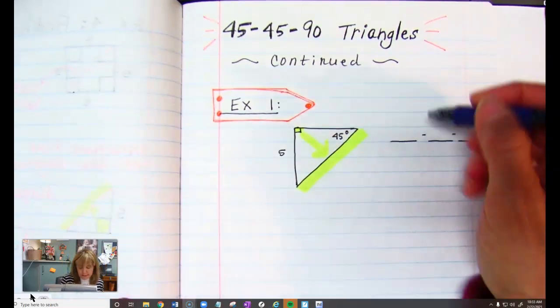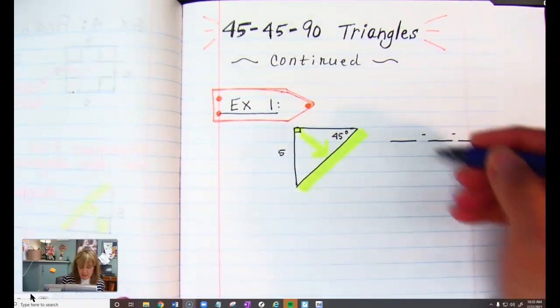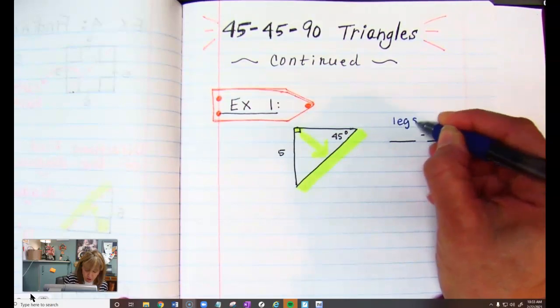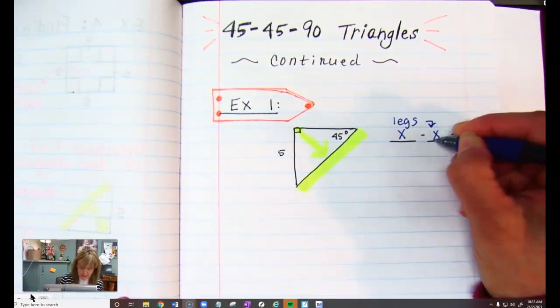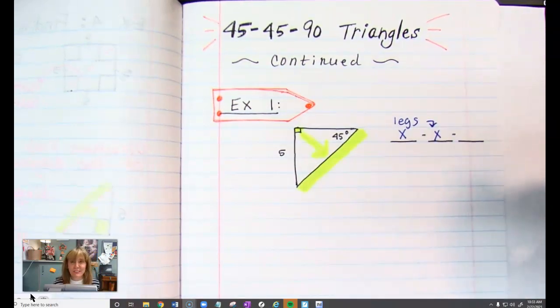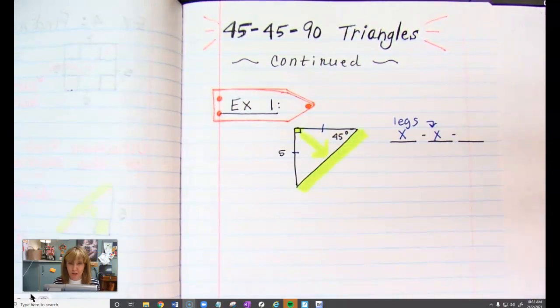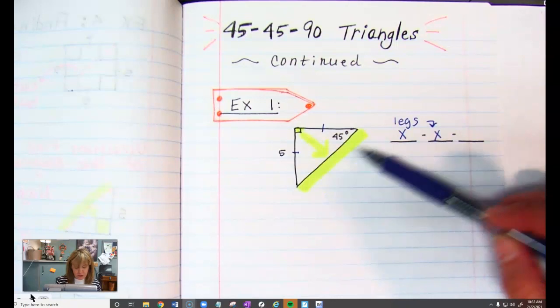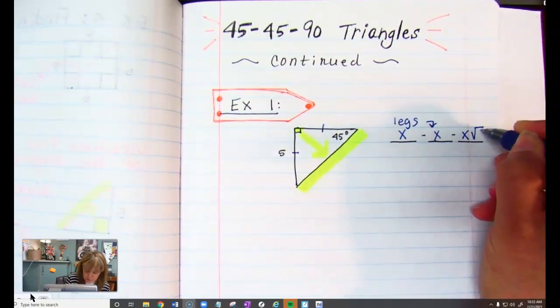Also remember, since we know for sure it's a 45, 45, 90, our legs are congruent, which means if that's an X, this is also an X. Whatever these measurements are, they're congruent, so I'm going to put congruent marks on my triangle. The hypotenuse, which is always across from the right angle symbol, which I highlighted in yellow, is X root 2.